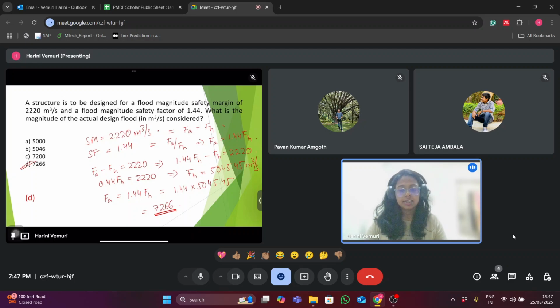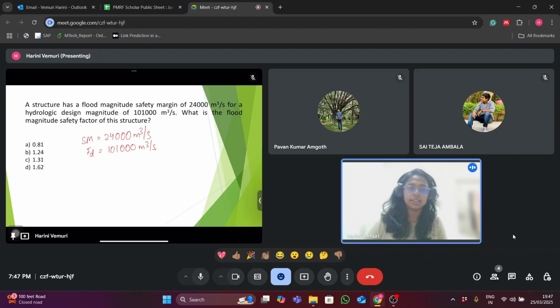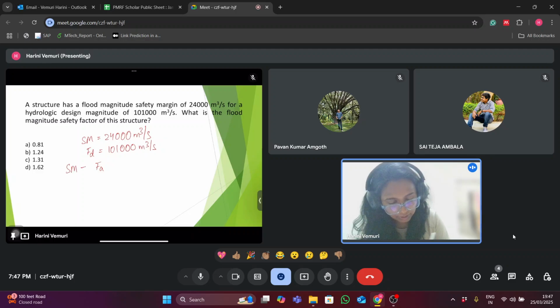So next question is, a structure has a flood magnitude safety margin FSM equal to 24,000 meter cube per second, and hydraulic design magnitude is equal to 101,000 meter cube per second. They're asking us to calculate the safety factor. So, safety margin equal to F actual minus F design.